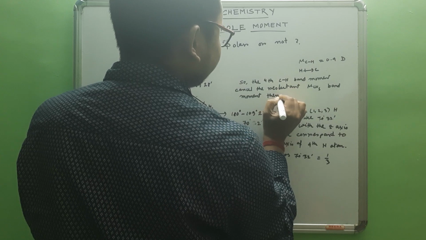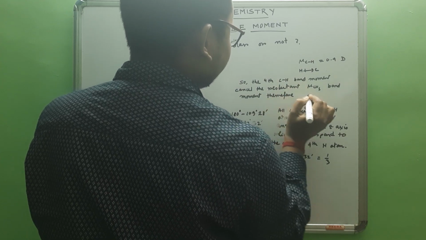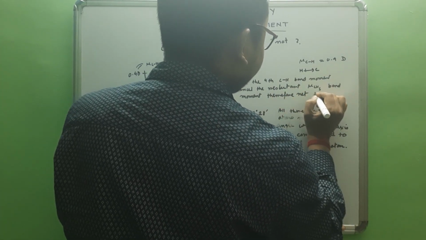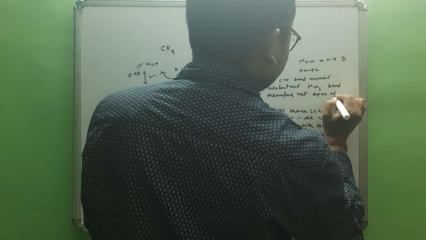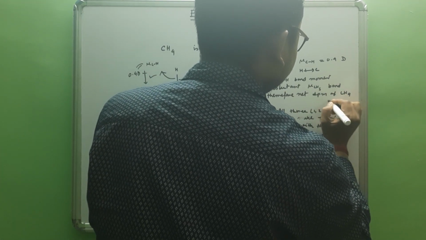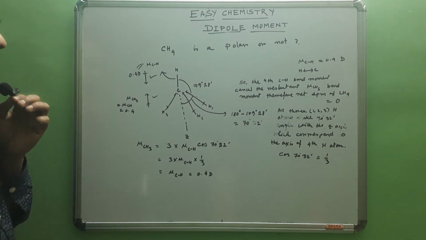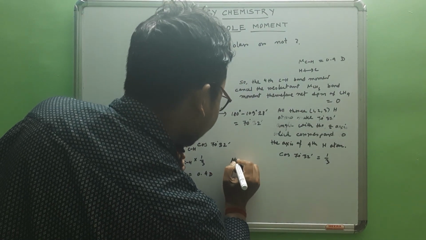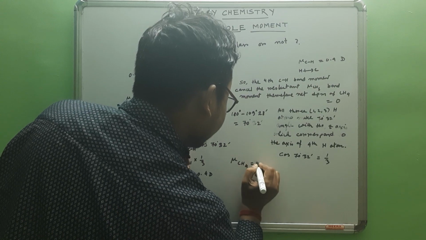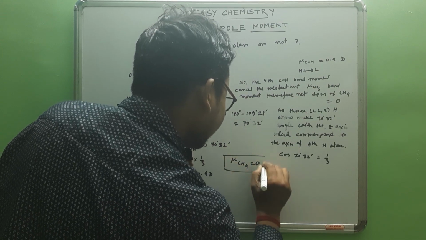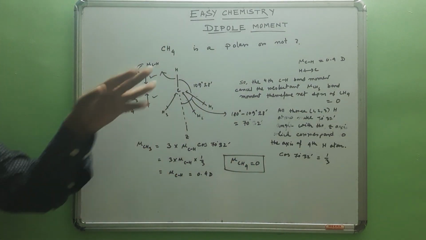Therefore the net dipole moment of CH4 equals 0. So net dipole moment of CH4 is basically 0. So mu CH4 is nothing but 0. So CH4 methane is not a polar molecule.